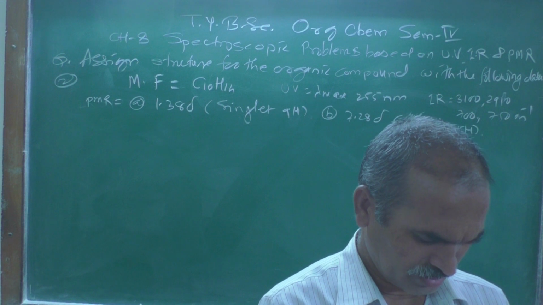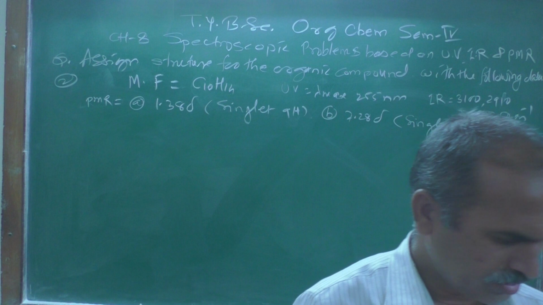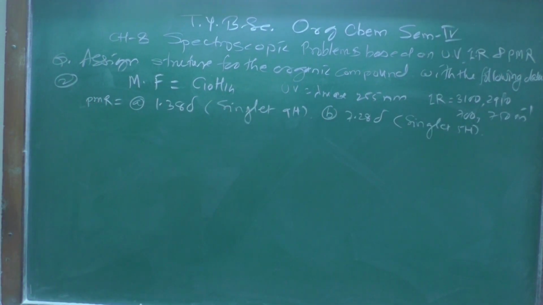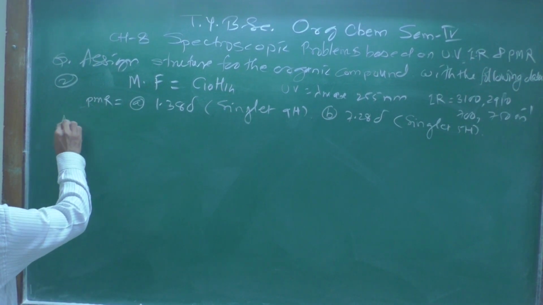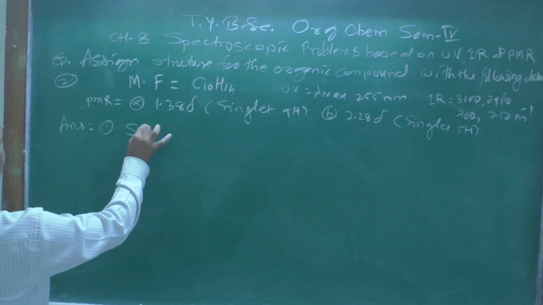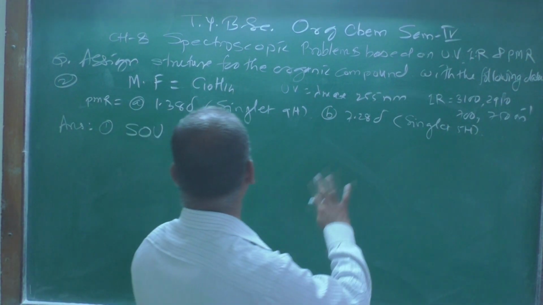So let's see how we can solve this problem. First of all, look at the molecular formula. While answering, first you have to calculate the sites of unsaturation. How to calculate the sites of unsaturation?